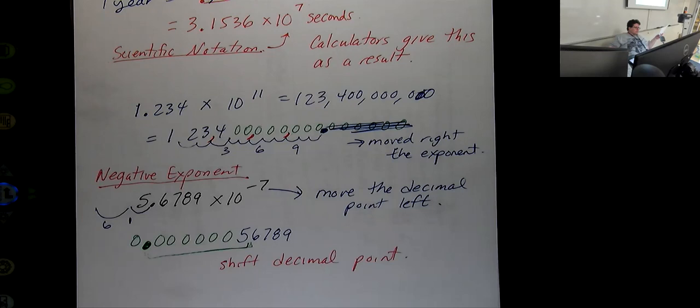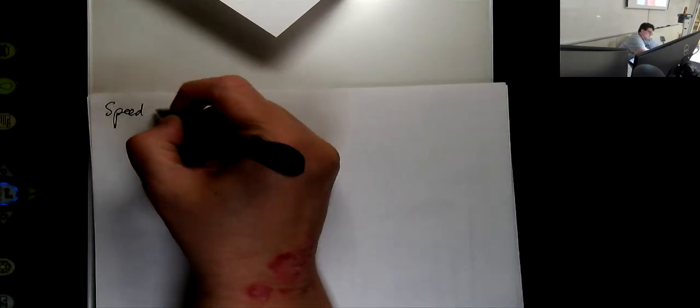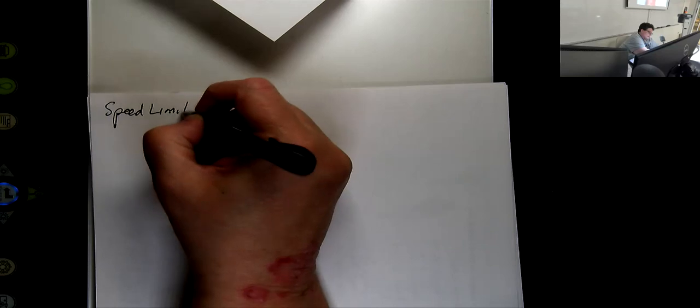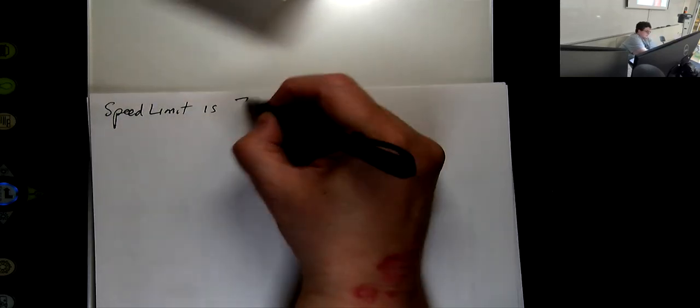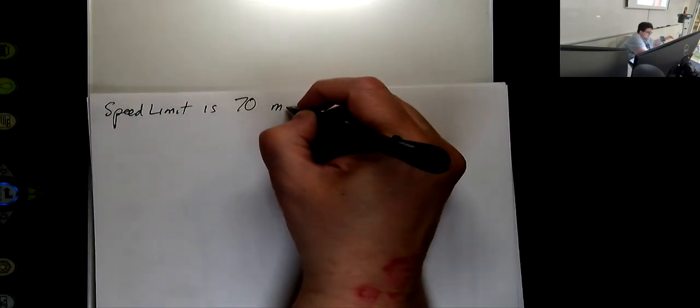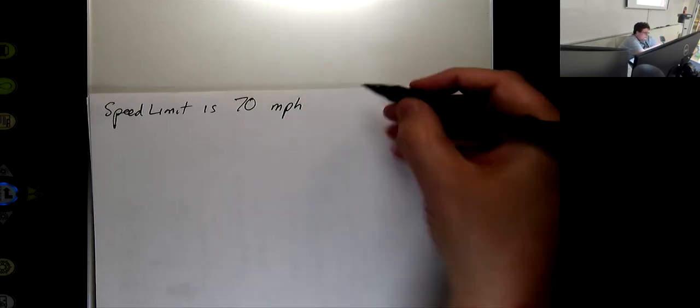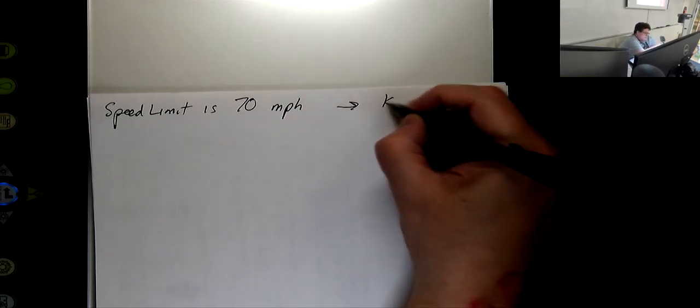Like, what's the speed limit on 99? 70, 75, 70. Let's take a look at what the speed limit is on 99 in the metric system. It's 70 miles per hour, and we want to end up with kilometers per hour.